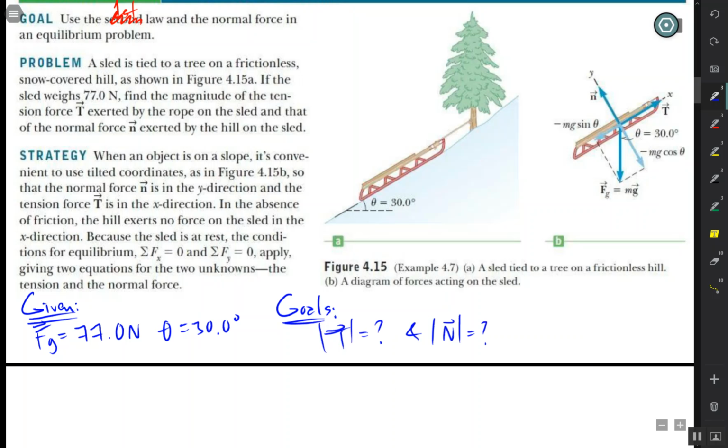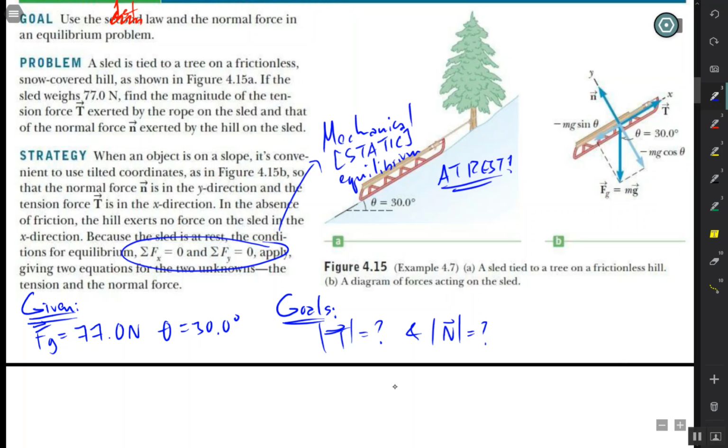The reason I say that it's Newton's first law is that it even says it right here. These are the conditions for mechanical equilibrium, or specifically static equilibrium, because this entire sled is at rest. So it's not moving at all.